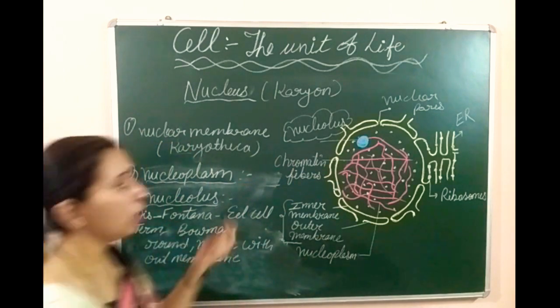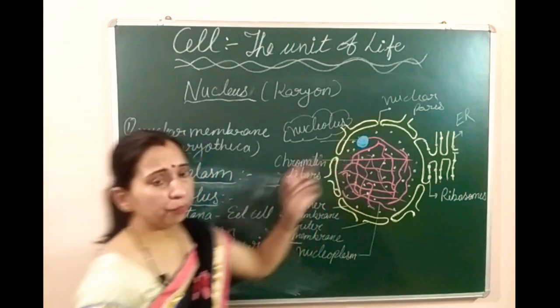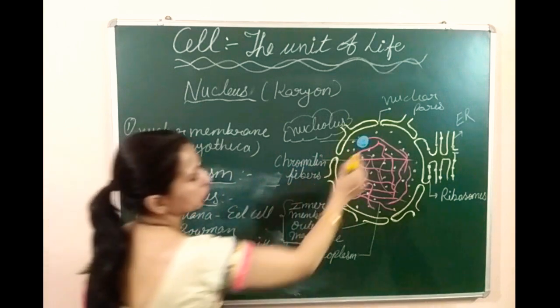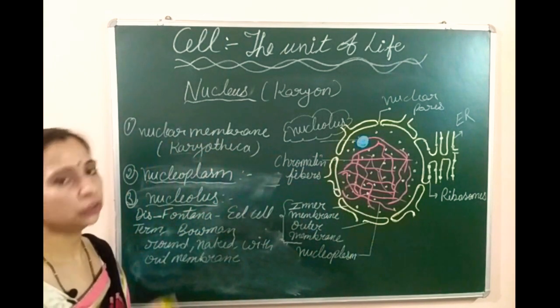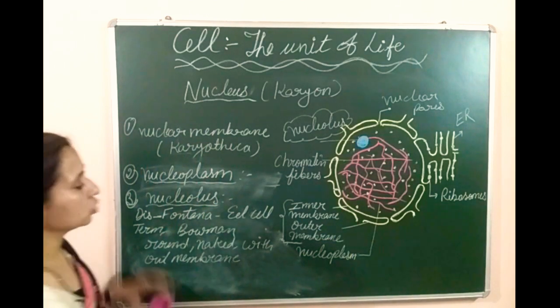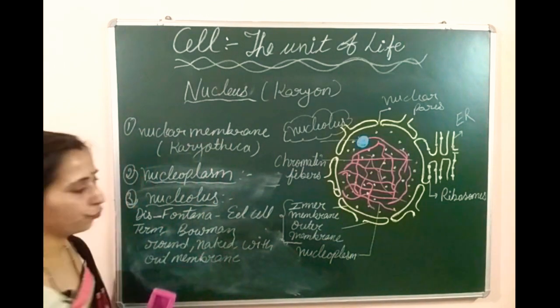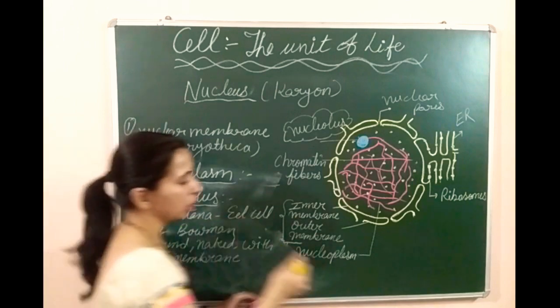The nucleolus is without a membrane, but it seems to be covered by a membrane. ऐसा लगता है कि जैसे ये membrane से covered है, because these thread-like structures, which are the chromatins present inside the nucleus, cover the nucleolus in such a manner that they form an outer covering.